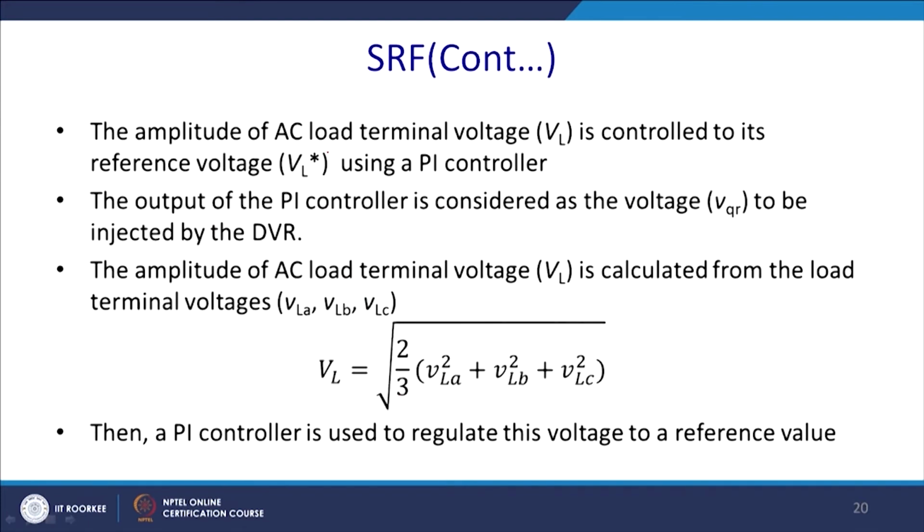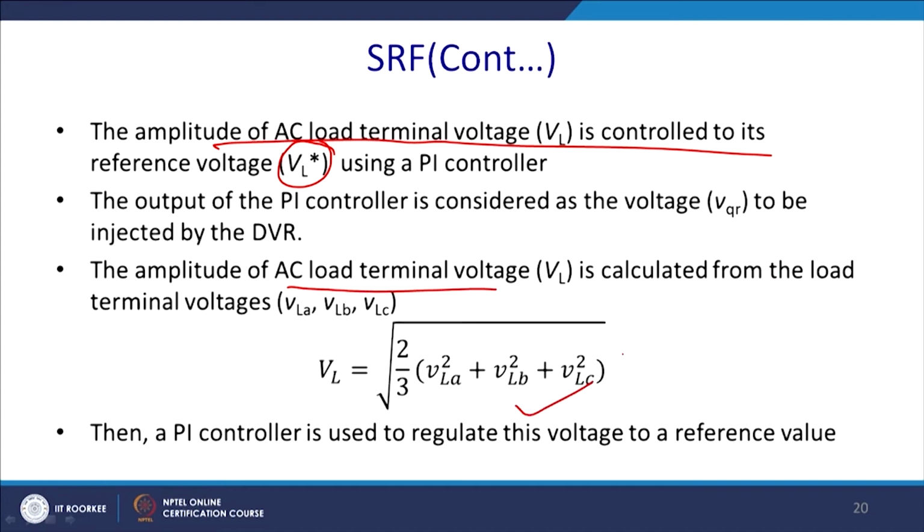From there, the amplitude of the AC load terminal voltage VL is controlled, and we compute VL star. The output of the PI controller is considered as the voltage VQ to be injected by the DVR to compensate the voltage sag. The amplitude of the AC terminal voltage VL is calculated from the load terminal, given by this equation.